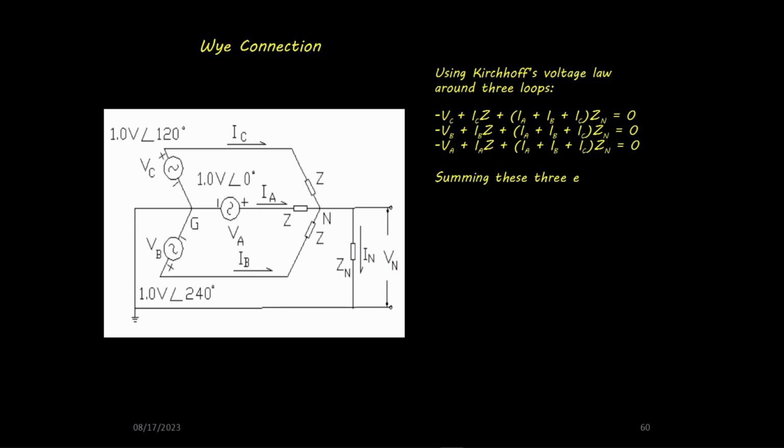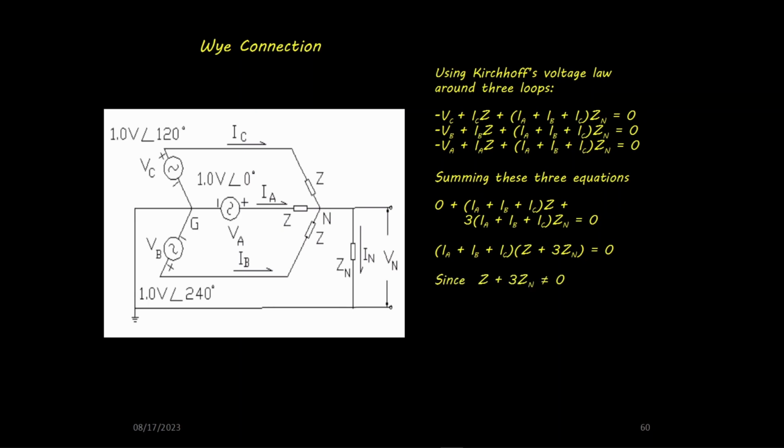Summing these three equations, 0 plus (Ia plus Ib plus Ic) times Z plus 3 times (Ia plus Ib plus Ic) times Zn equals 0. (Ia plus Ib plus Ic) times (Z plus 3 Zn) equals 0.